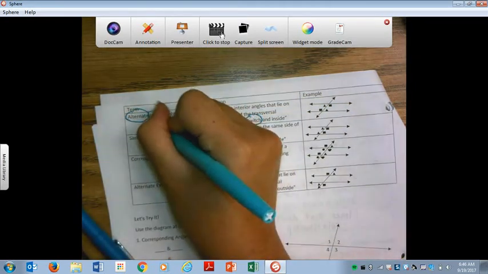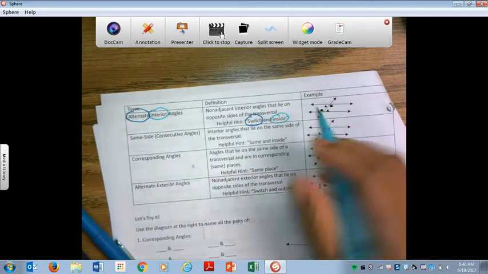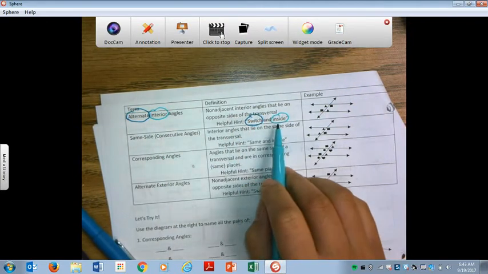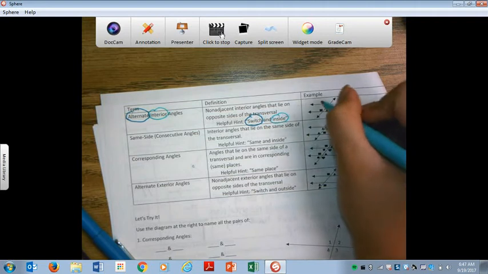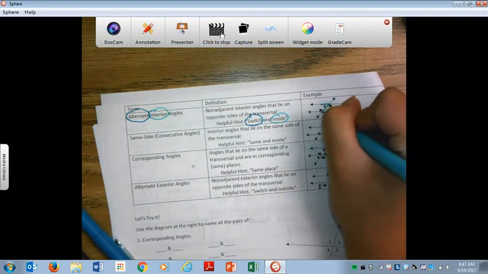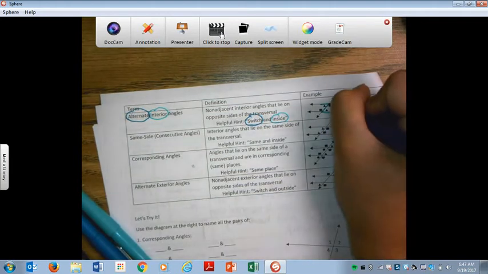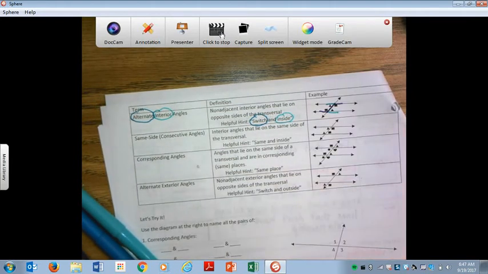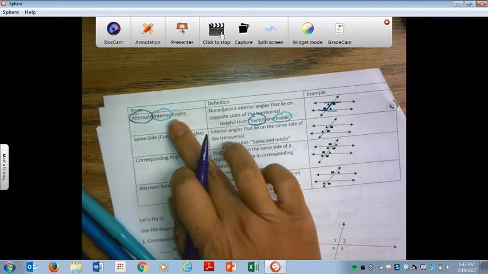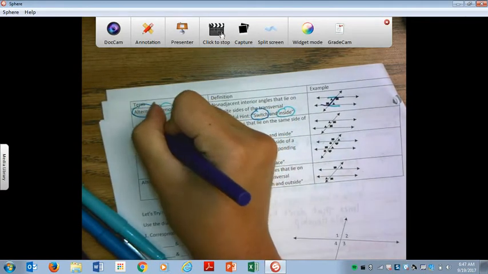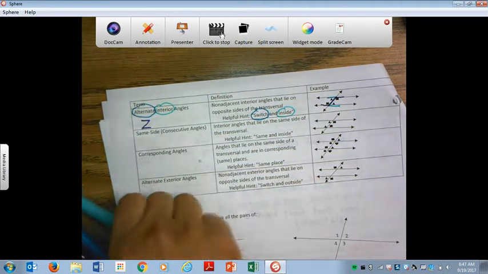Interior is inside. So, these alternate interior angles are switch and inside. So, here you go. The triangles right here, right there. And then the rectangles. They're switch and they're inside. Okay? One helpful thing to remember alternate interior angles is they make that Z. Okay?